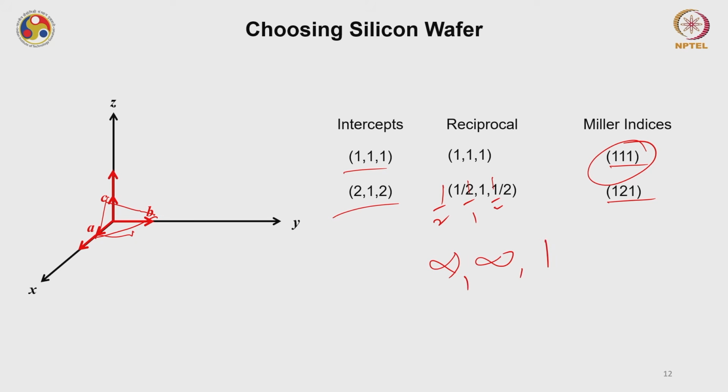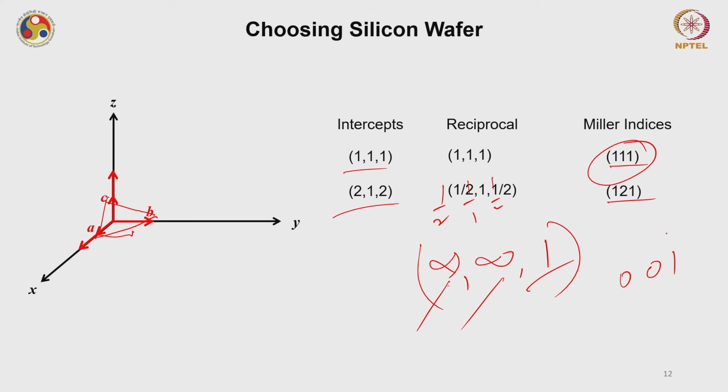I am telling you that it is cutting the z axis at 1, and this plane is parallel to the x and y axes, so it is not making any intercept on x and y, it is only cutting the z axis. So the reciprocals give Miller indices of 0 0 1.